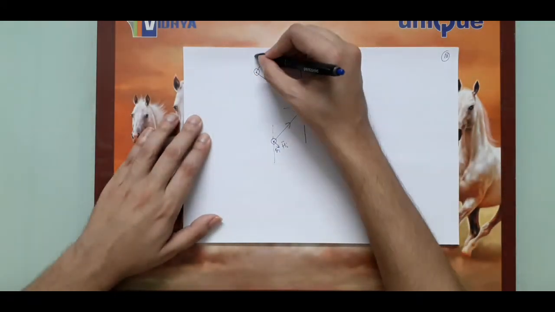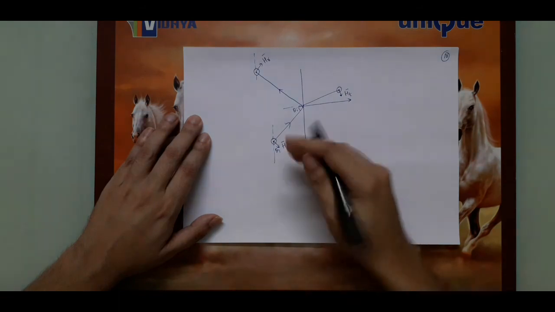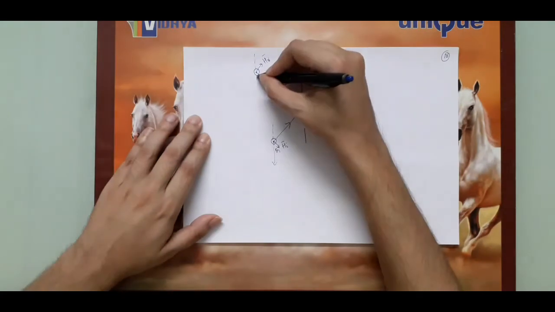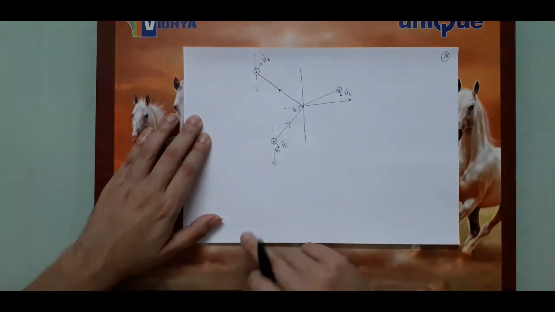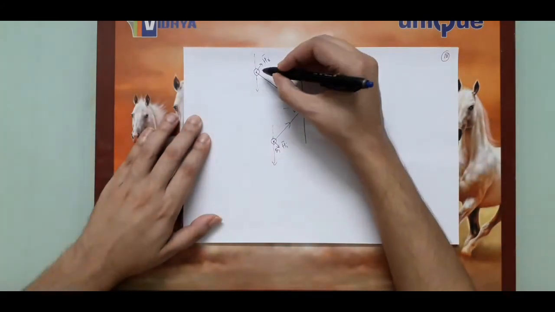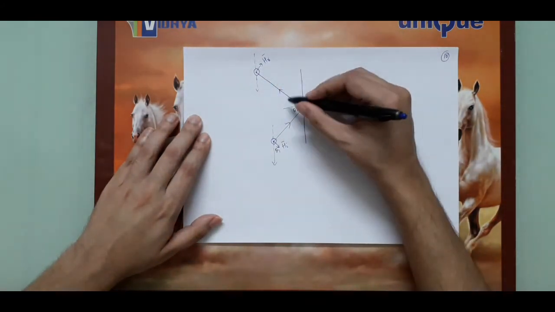Similarly, for the reflected field, we are taking the projection along, let us say, this direction. Here also we must take the projection along this direction. What can we say about this angle?